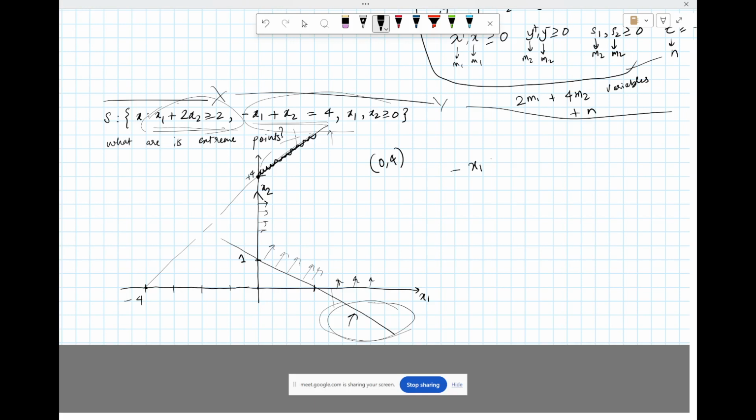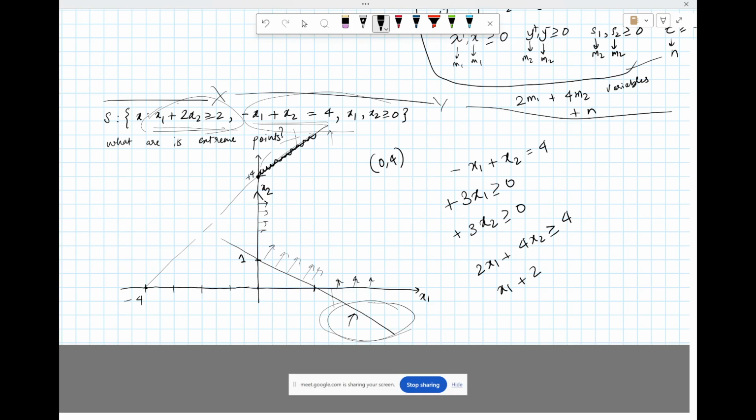So if I do minus x1 plus x2 equal to 4, plus 3x1 greater than or equal to 0, plus 3x2 greater than or equal to 0, then I get 2x1 plus 4x2 greater than or equal to 4, right?